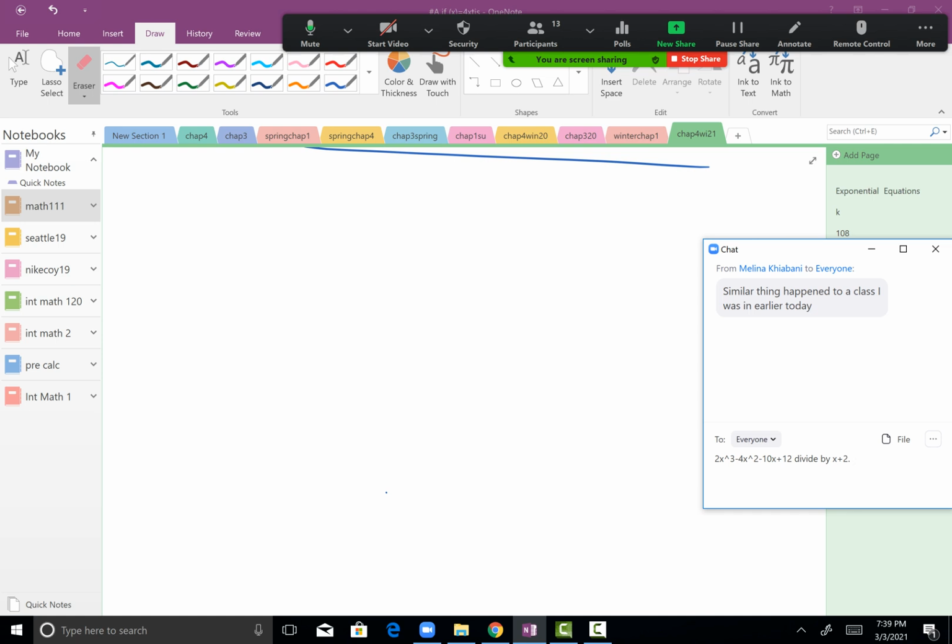When you're done, I want you to graph it. Go ahead and divide it, graph it in Desmos, and then come back and tell me the x-intercepts. Okay, so I'm going to give you a few minutes to do that.